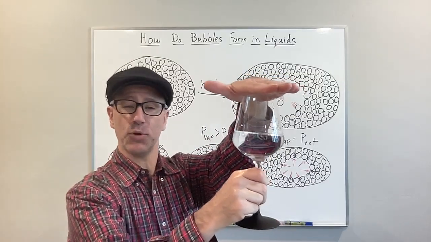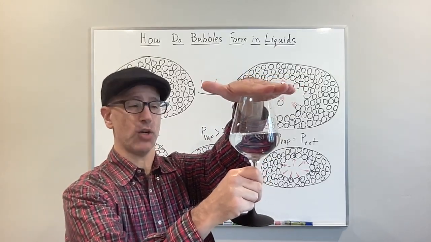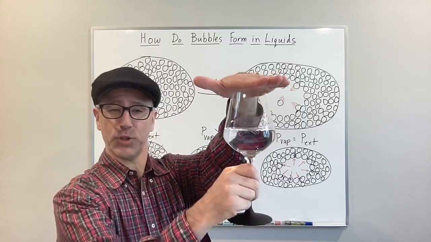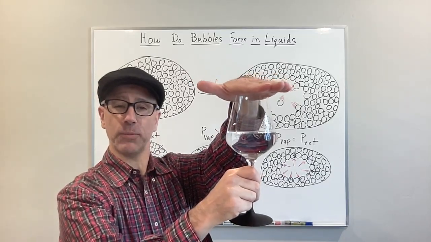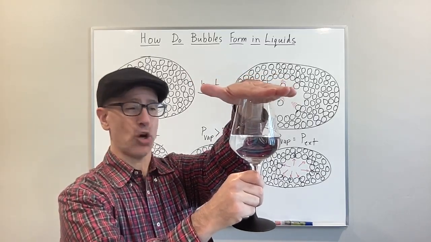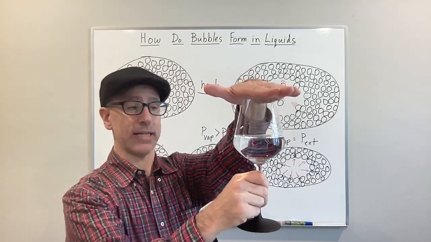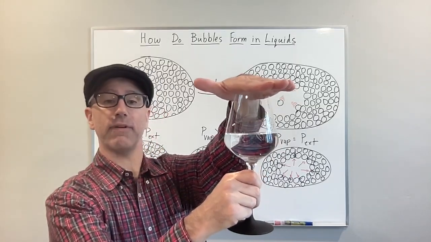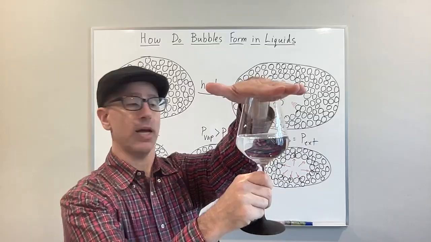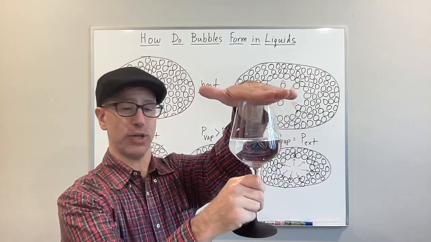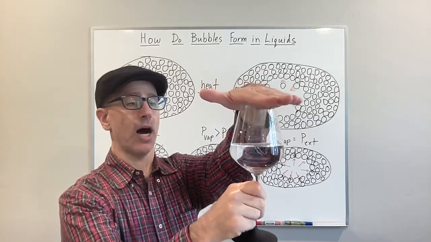But at the same time, you have the process of evaporation where the water molecules are breaking free from the surface, breaking free from the attractive forces. And so at some point, the rate of evaporation and the rate of condensation will be equal and you get an equilibrium.